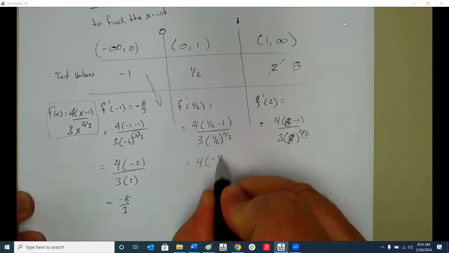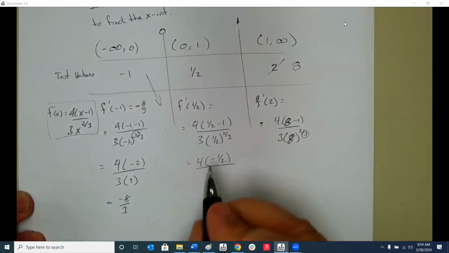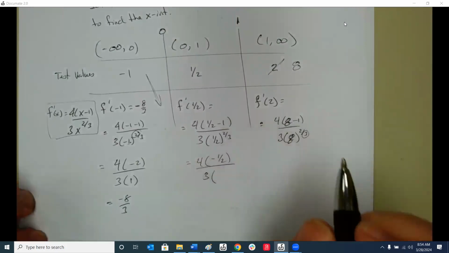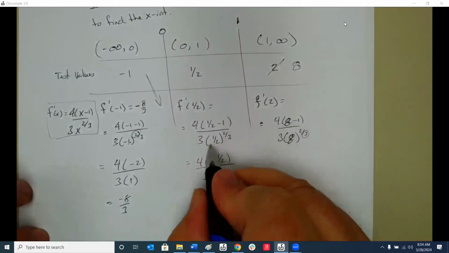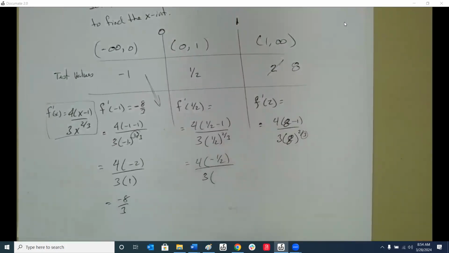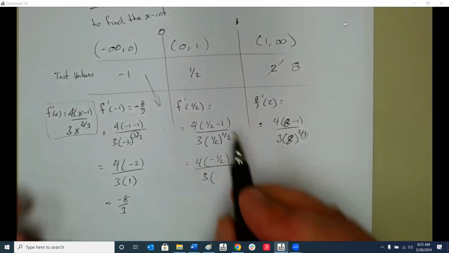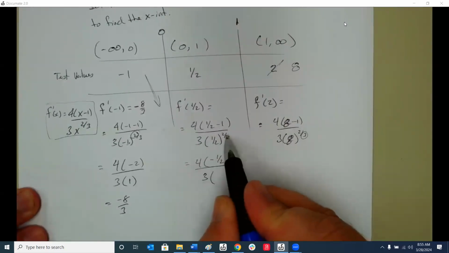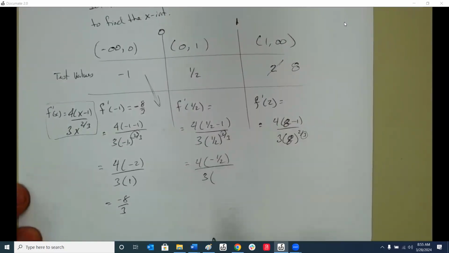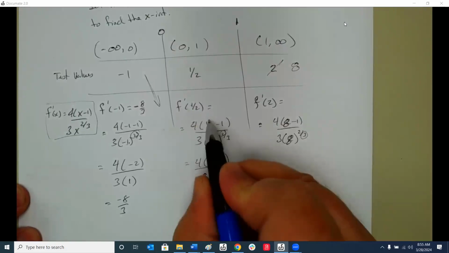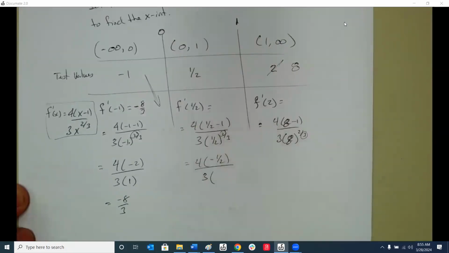1/2 minus 1 is -1/2. The value, the number, is irrelevant. All I want to know is whether it's positive or negative. The bottom can never be negative because it's squared. The top, since it's negative, makes the whole thing negative.